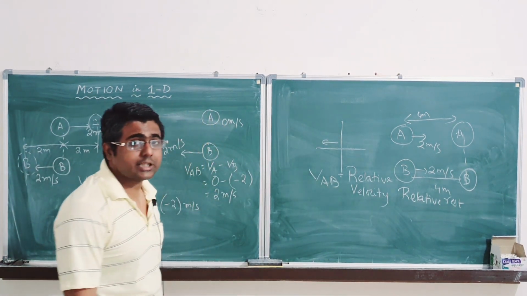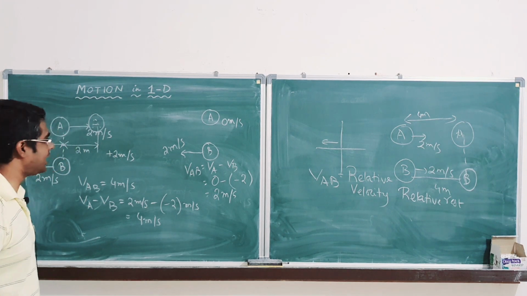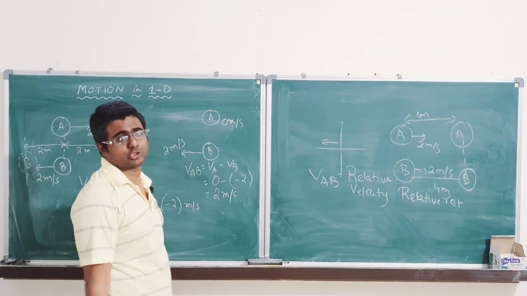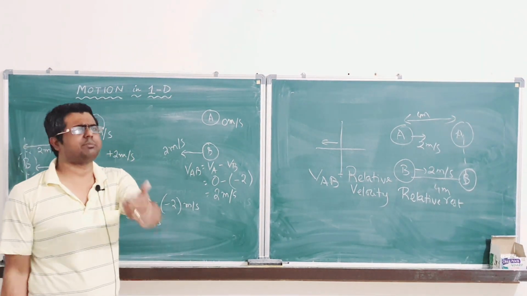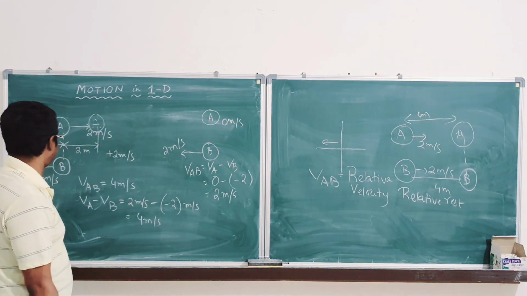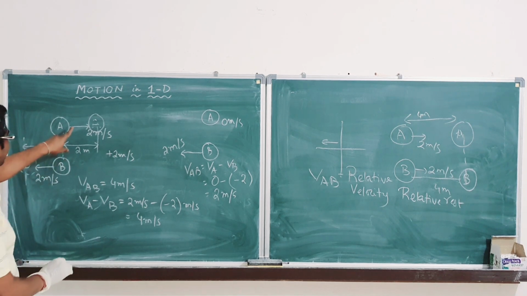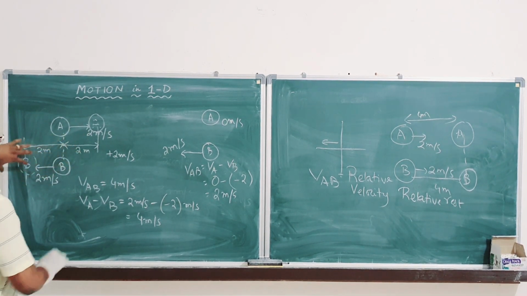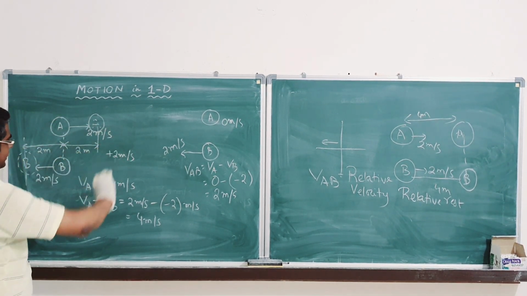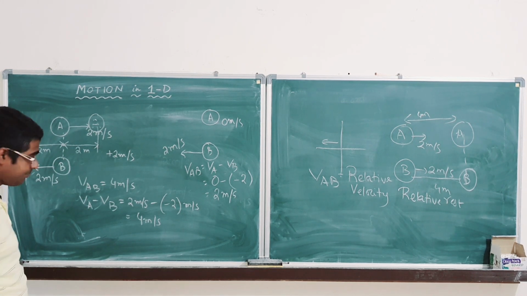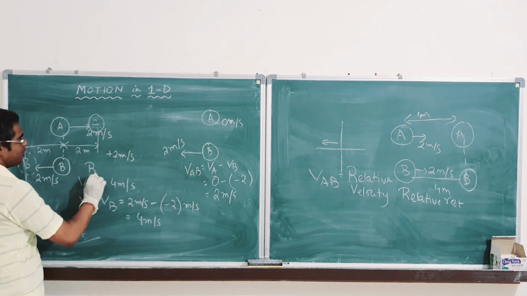See how much time we are spending on only understanding what is rest and what is motion. In your book it may be 2 lines, right? So here it is, and what is this? In this case it is not relative rest, because the position of A is changing with respect to position of B. So it is relative motion.